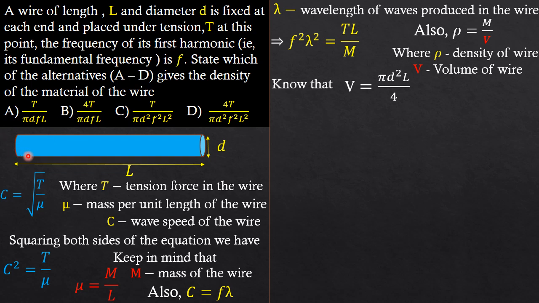Because this wire has the shape of a cylinder, right? It's cylindrical, and the volume of a cylinder is simply given as pi times radius squared times the height. Our height in this case is the length.